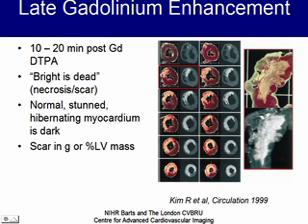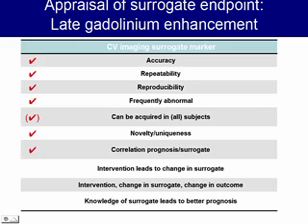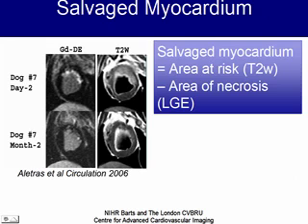Because of the accuracy and precision of this, we can calculate the scar in percent or in grams. Again, for this, a lot of ticks on this box, so we now have prognostic data for late gadolinium enhancement as well.